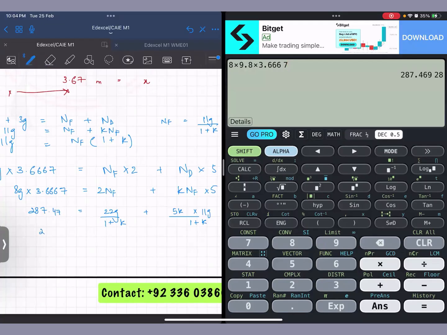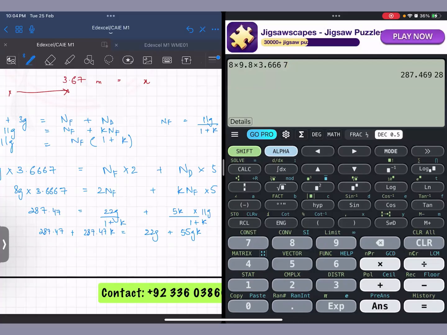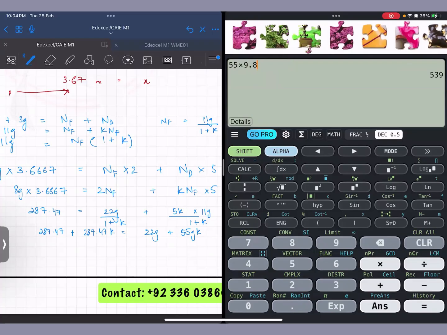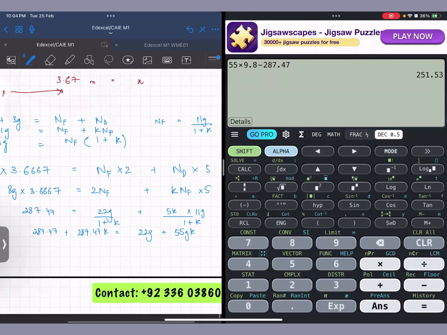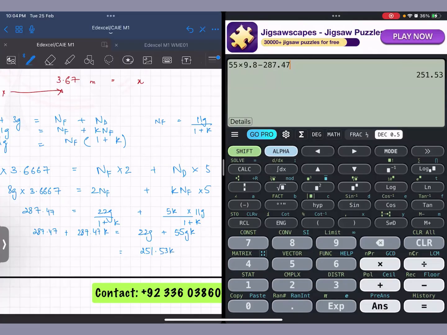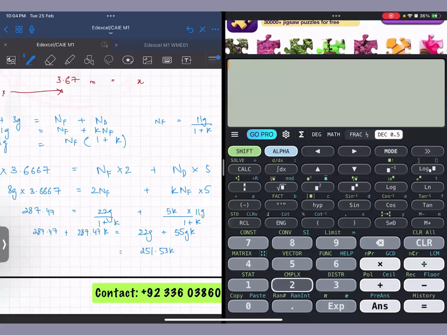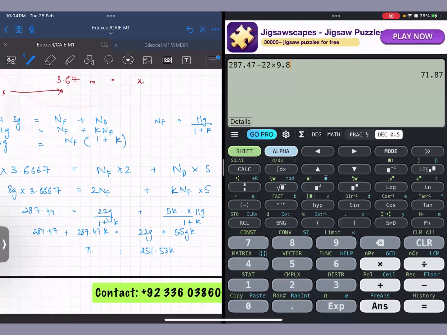So 287.47 plus 287.47 K is equal to 22g plus 55gK. So 55gK minus 287.47 K gives 251.53 K, and 287.47 minus 22 times 9.8 is 71.87.